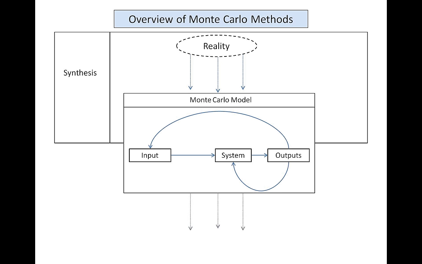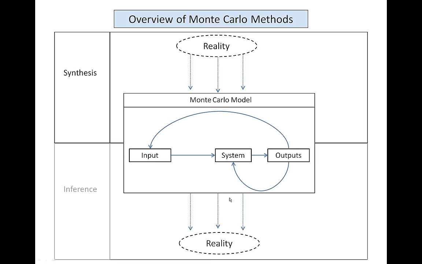After this, however, there's another stage, that is taking what we have from the model and inferring about reality. And I really want to emphasize at this point that this inference stage, or looking at the model and inferring about reality, is a wholly separate form of analysis than this stage, which is taking reality and synthesizing a model.